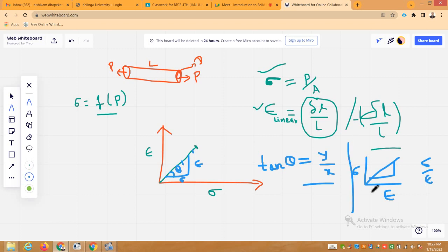So this slope of a line, when it follows the principle that stress is directly proportional to strain, gives you slope theta, and we define it as the modulus of elasticity. So modulus of elasticity is equal to stress upon strain.